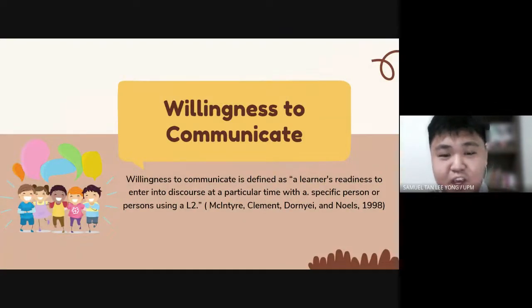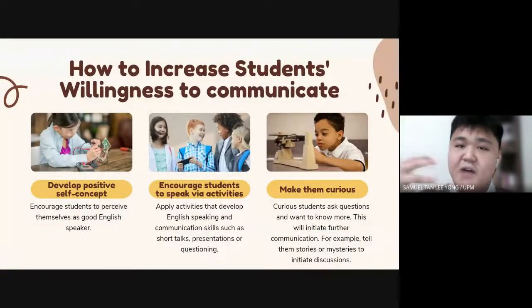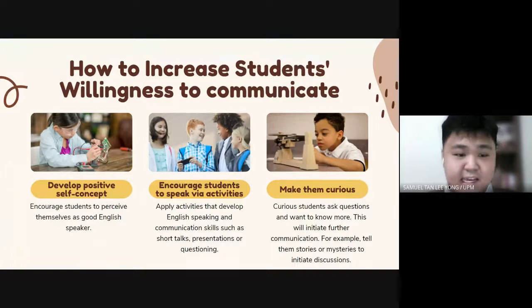And moving on to the willingness to communicate. Willingness to communicate is defined as a learner's readiness to enter into discourse at a particular time with a specific person or people using a second language, right? So how do we make our students willing to communicate in a second language, in this case, English?